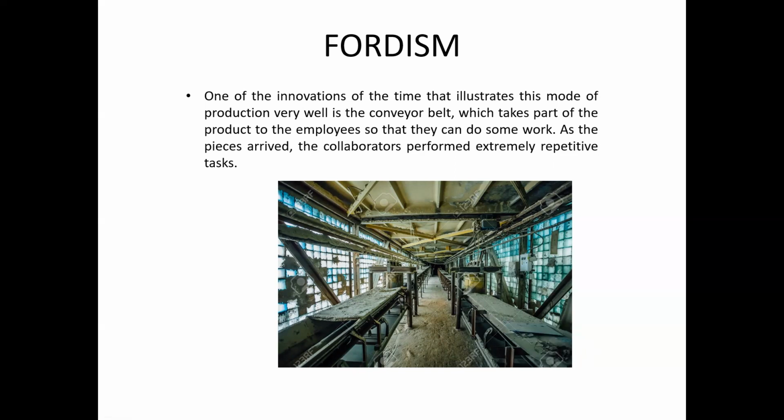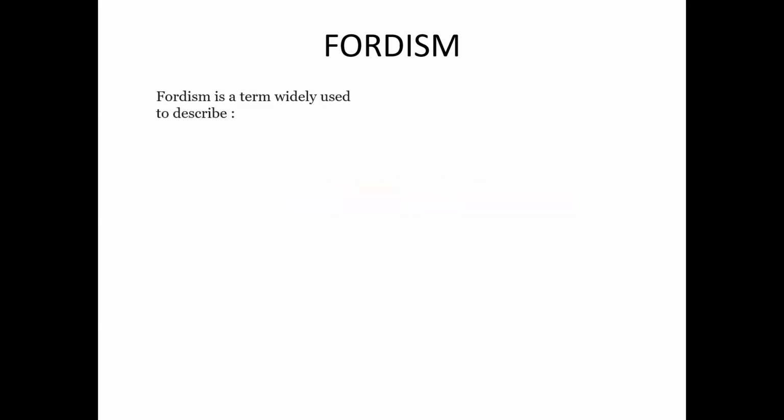Okay, so this is what it means with the conveyor belt. Okay, perform extremely repetitive task. Okay, so seperti yang kita mention tadi lah, setiap staff tu dia tahu peranan dia, orang ni buat ni, orang ni buat ni. Okay, so and so on lah.